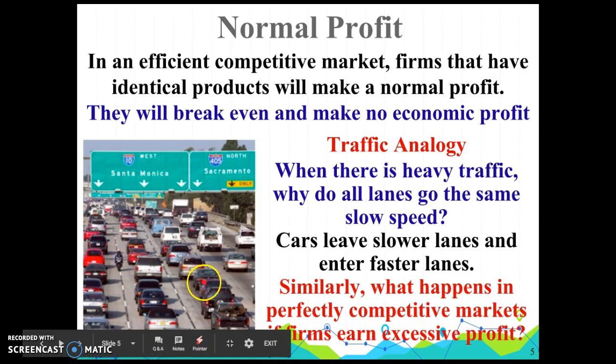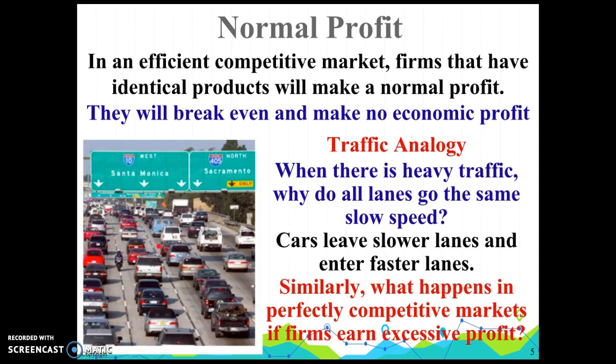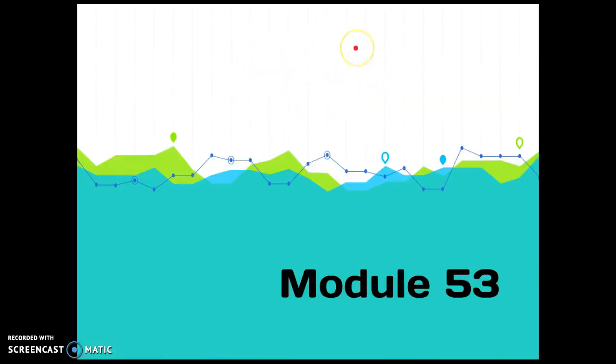Because people saw the opportunity, they filled the lane, and it slowed down again. Just like businesses or just like different industries, firms see an opportunity to make profit, like fidget spinners. They enter the industry, there becomes a lot of competition, the trend dies and goes away, and they end up not making an excessive profit anymore. They might make a normal profit if they're lucky.